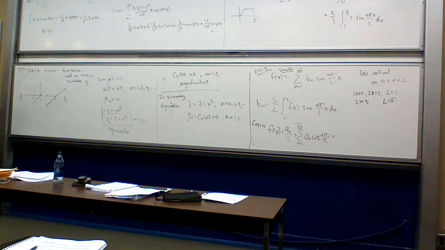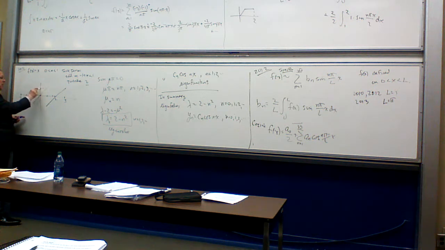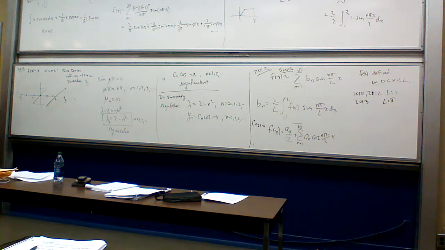So from 1 to 3, I'm going to get this piece from -1 to 1 being repeated. And in particular, here there's a jump, and the Fourier series is a sum of continuous functions. What these things will do is hit the average at the place where there's a jump.